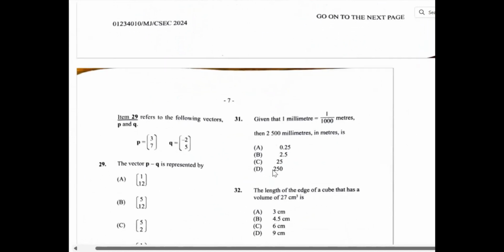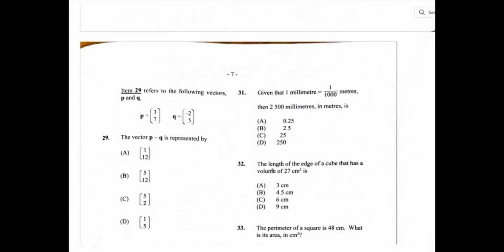All right. Next question. Item 29 refers to the following vectors P and Q. The vector P take away Q is represented by what? P take away Q is 3 take away minus 2, which is 5, and 7 take away 5, which is 2.